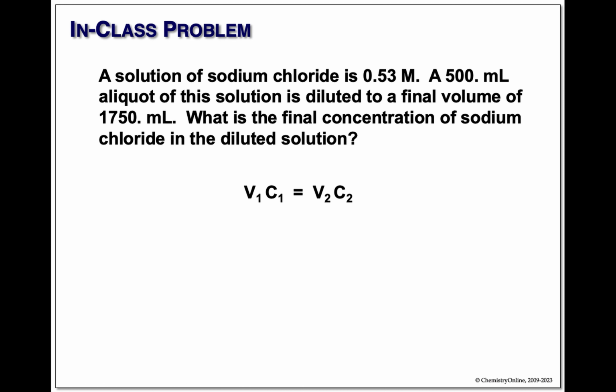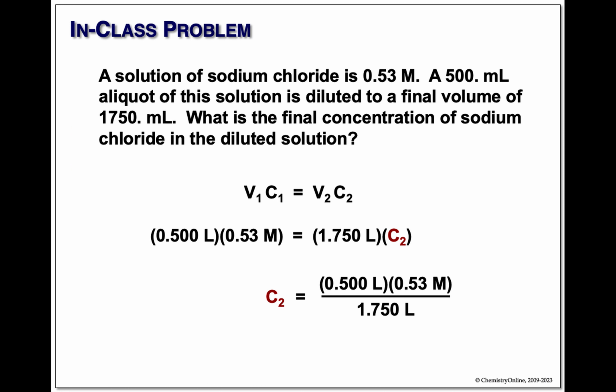C2 will be V1, C1 divided by V2. Do our division. We will cancel liters and be left with concentration. 0.15 molar. The key thing here is this simple equation, because the number of moles does not change.